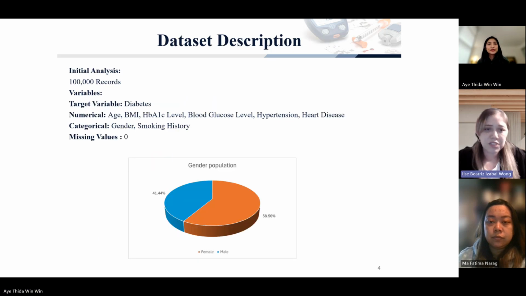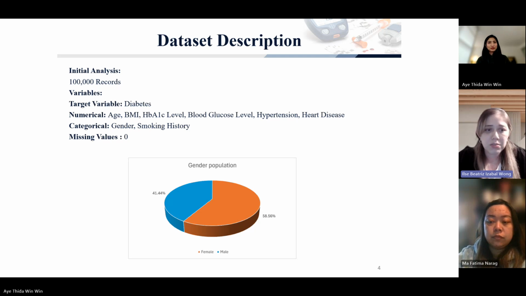First we needed to look at our dataset, which initially included 100,000 records, and we needed to identify our target variable, which in this case was diabetes. Then we divided our variables into numerical and categorical variables.